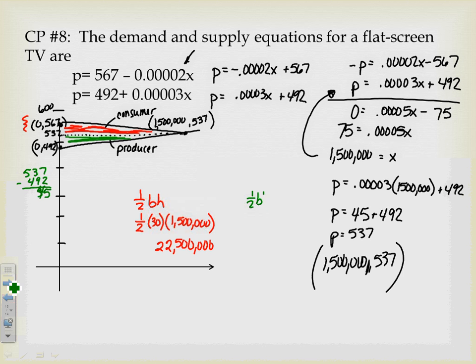So let's do it all again. This time we've got 45. Still going to be the same height of our triangle, same vertical or horizontal line. So we have 0.5 times 45 times 1.5 million.